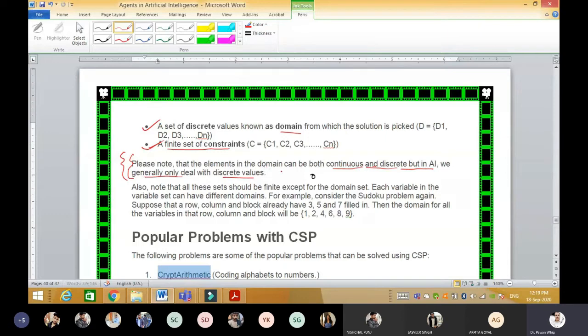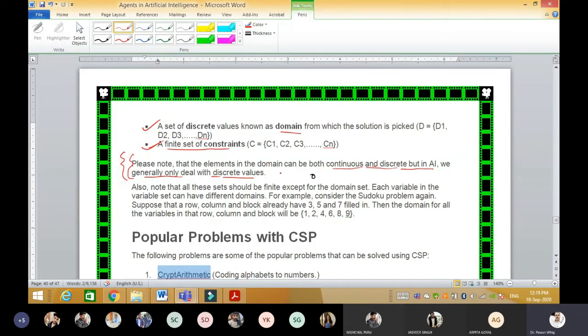In constraint algorithms in artificial intelligence or a machine, basically, we generally use discrete components. Discrete components and continuous components are different from each other. Continuous means the values are continuous in nature, not discrete. But whenever we design an AI problem, the values that we take are always discrete.